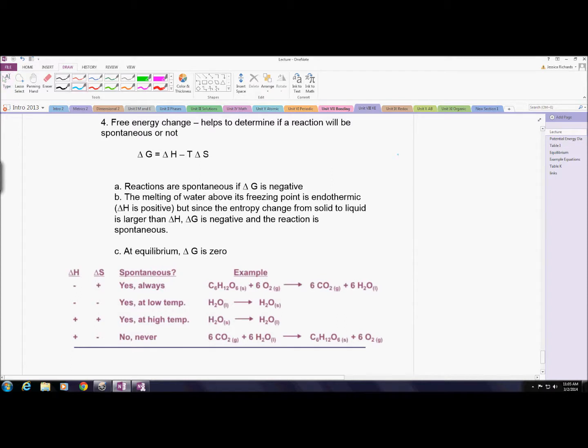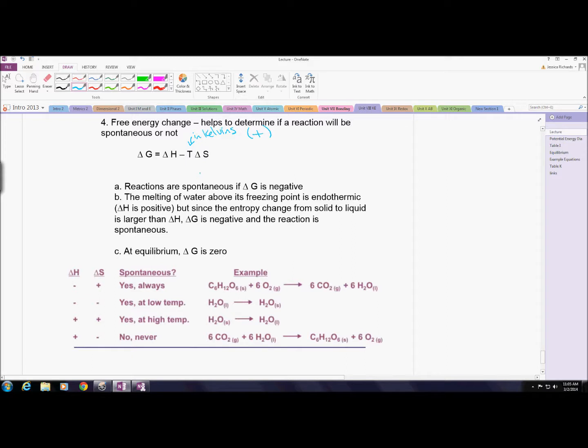The equation is that our change in energy is going to be equal to our delta H minus the temperature in kelvins. And what's important about that is that the sign is always positive if it's in kelvins, because there are no negative numbers in the Kelvin scale, times the delta S.